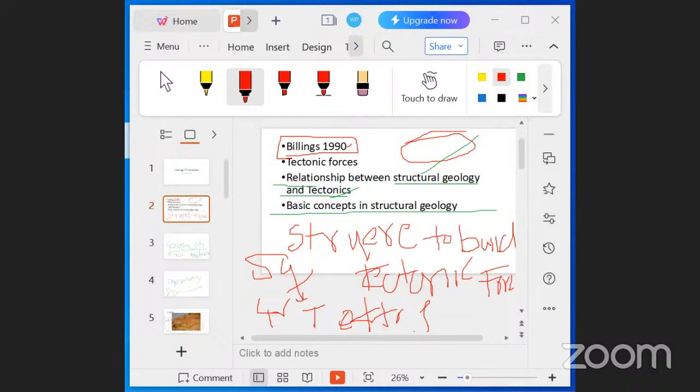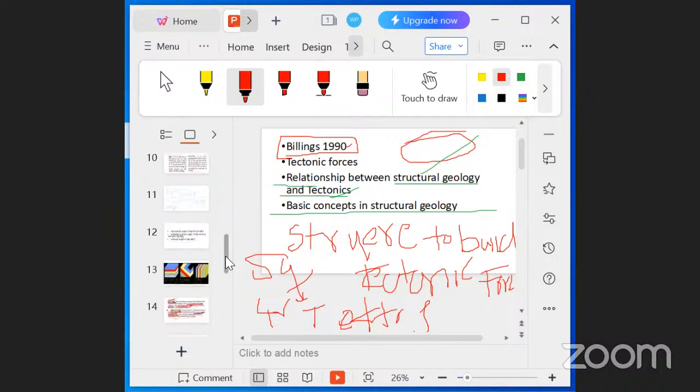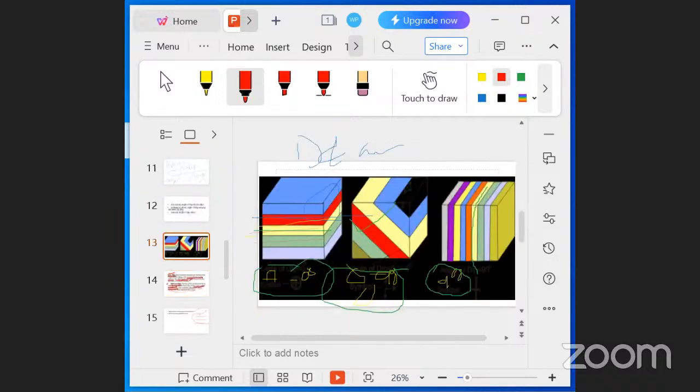In deformations, there are three forces: tensional forces, compressional forces and shearing forces, right?